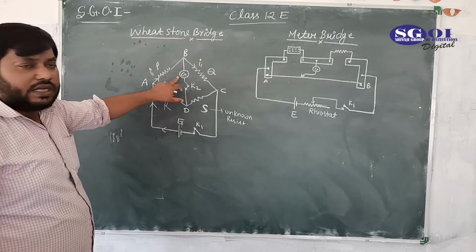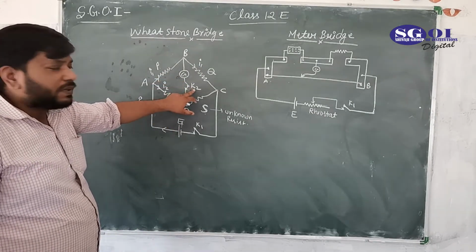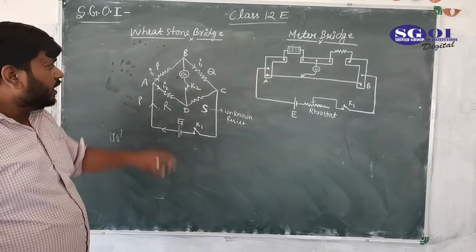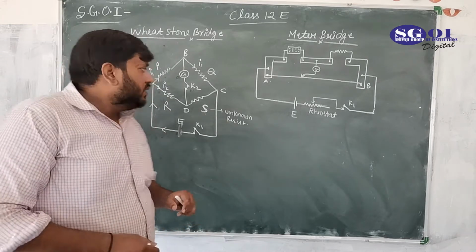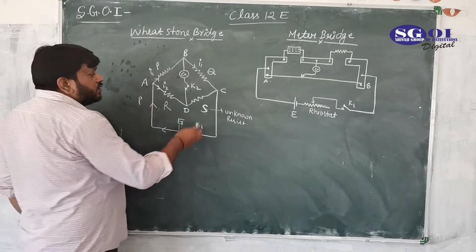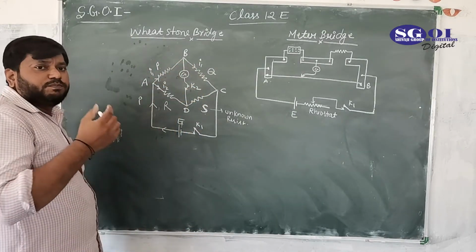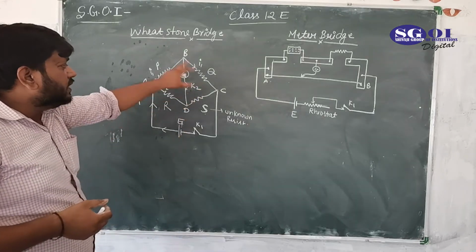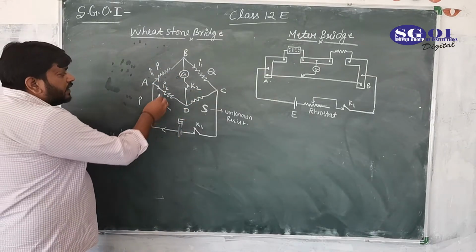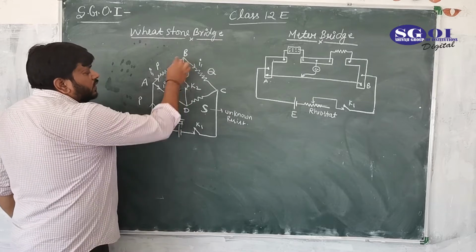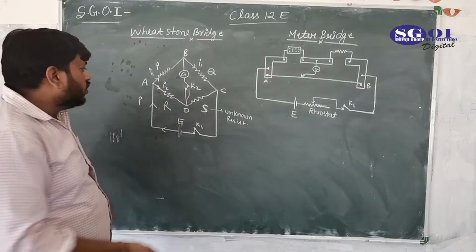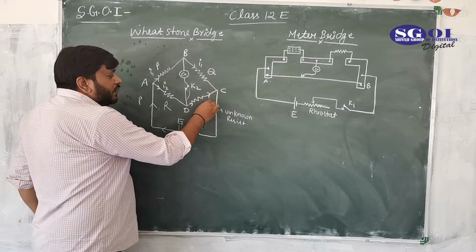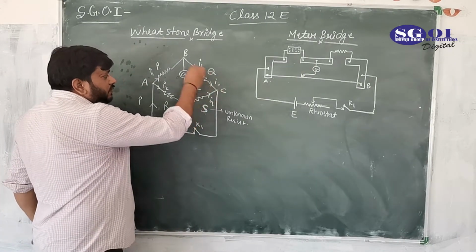When the galvanometer deflection is 0 after pressing the key K2, that condition is called the bridge balance condition. In that situation, we say the bridge is balanced. The current in this arm is 0, so I2 flows in this way and I1 flows in this way.